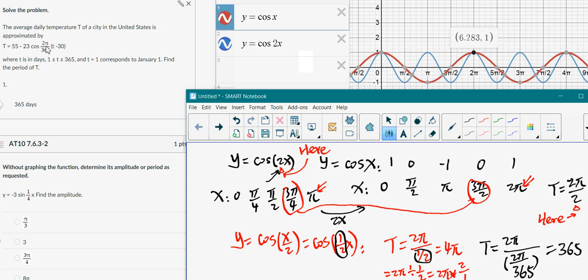That's the number we want as a denominator, and 2 pi divided by 2 pi over 365 is 365. The reason is similar: you do the division and get 365. That's why we say the period for this one is 365 days.